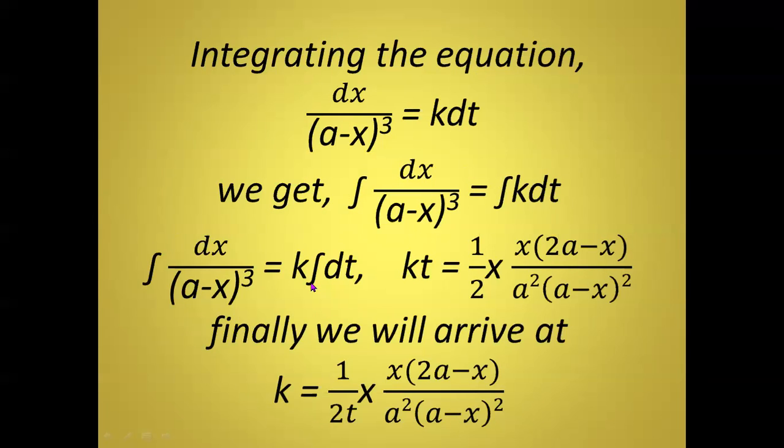So the result of this integration will be like this. kt is equal to 1 by 2 into x into (2a minus x) divided by a square into (a minus x) raised to the power 2.